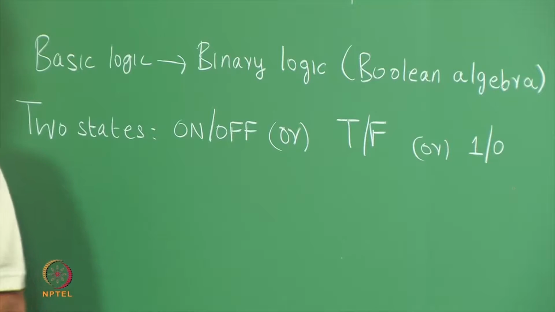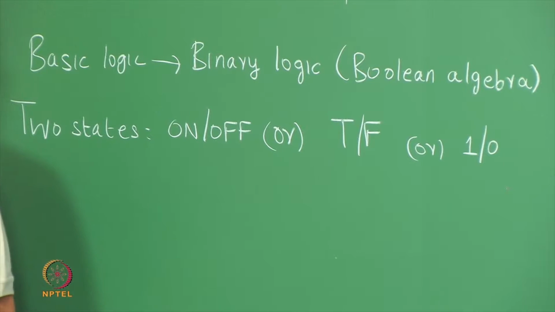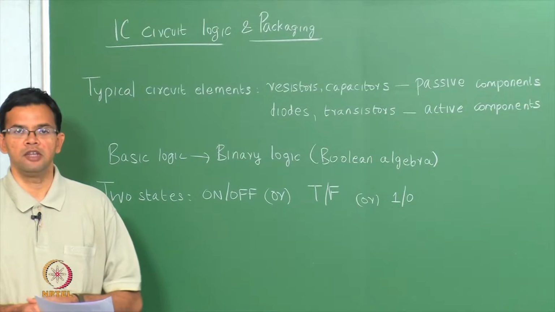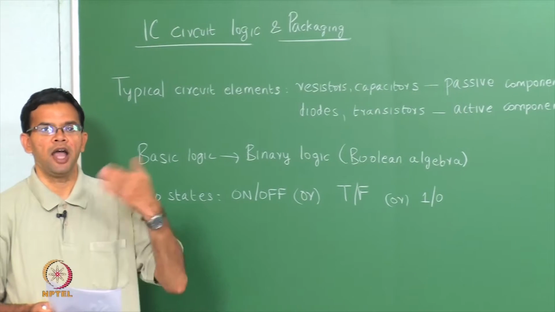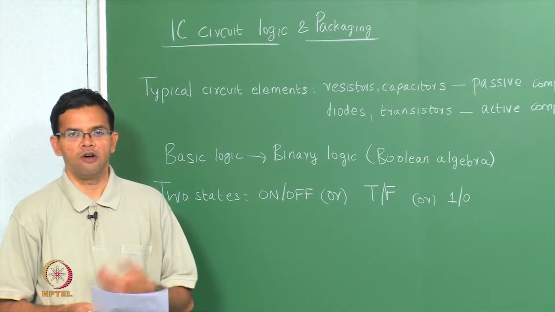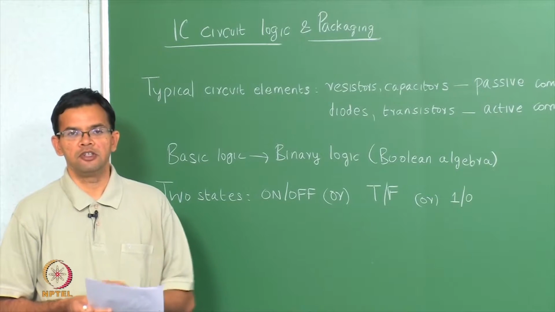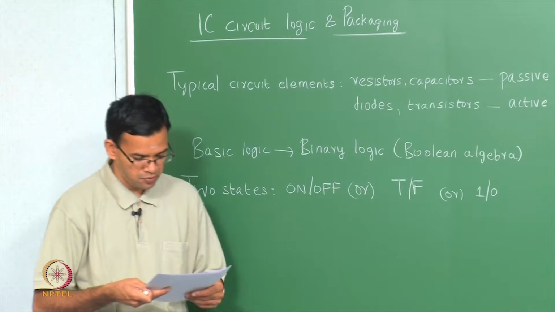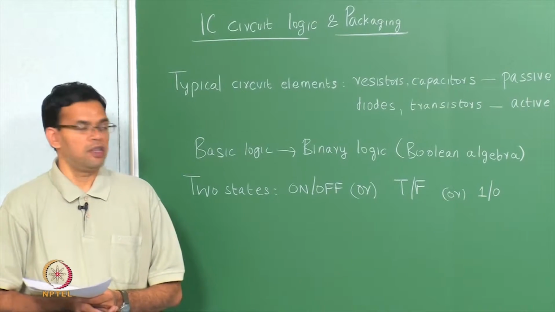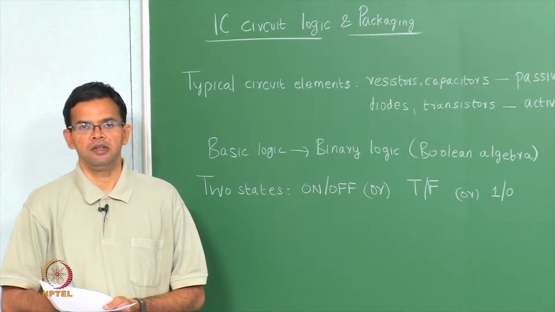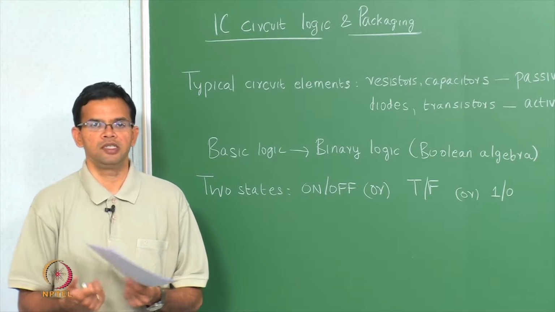So, the advantage of using a Boolean algebra is, especially when you think of an on and off kind of state, you could have a high voltage being an on state and a low voltage being an off state, and this can be controlled by controlling the voltage across the circuit. So, in the case of Boolean algebra, any number can be represented as a series of ones and zeros.